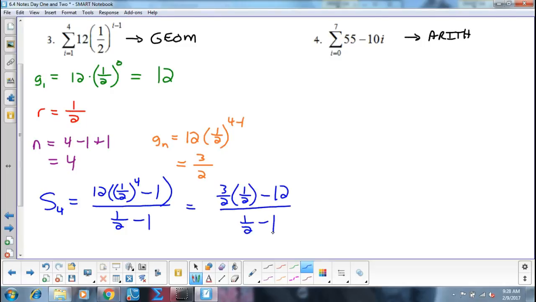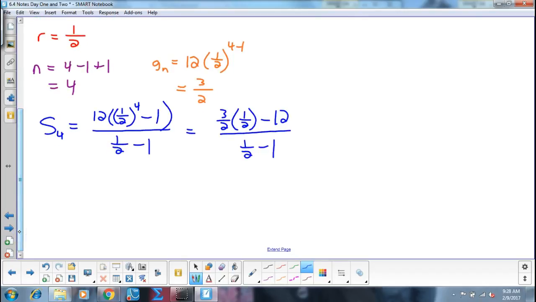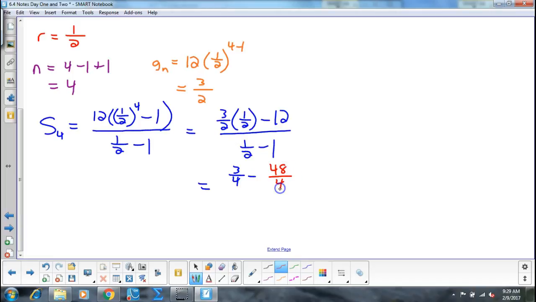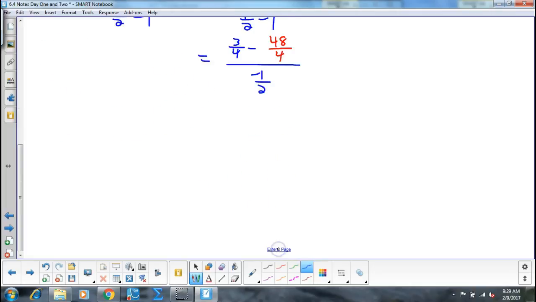Minus 12, negative 1/4. Yeah, and then there goes negative. Yep, okay. So in either case, if I go over here, I'd get 3/4 minus 12. Well, 12 is 48/4, all over negative 1/2. Which then gives me 3 minus 48 is negative 45/4, divided by negative 1/2 is multiplied by negative 2 over 1.